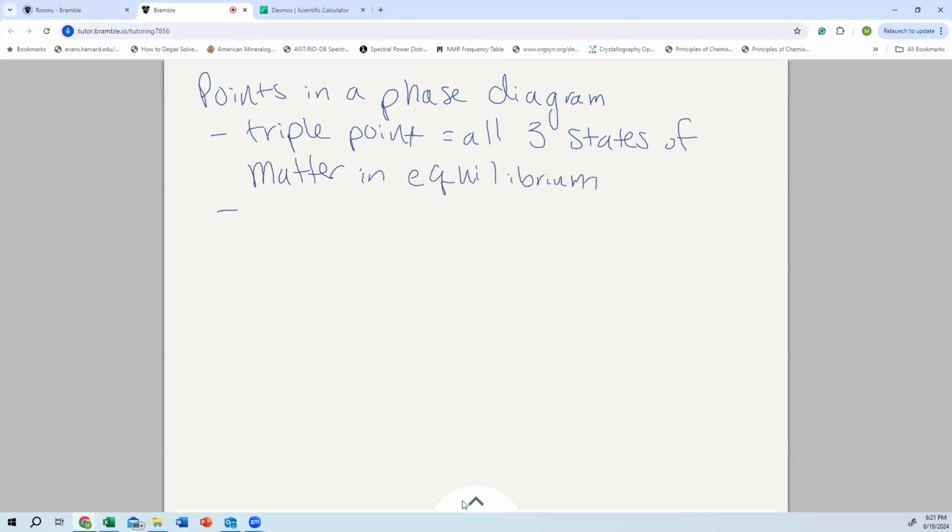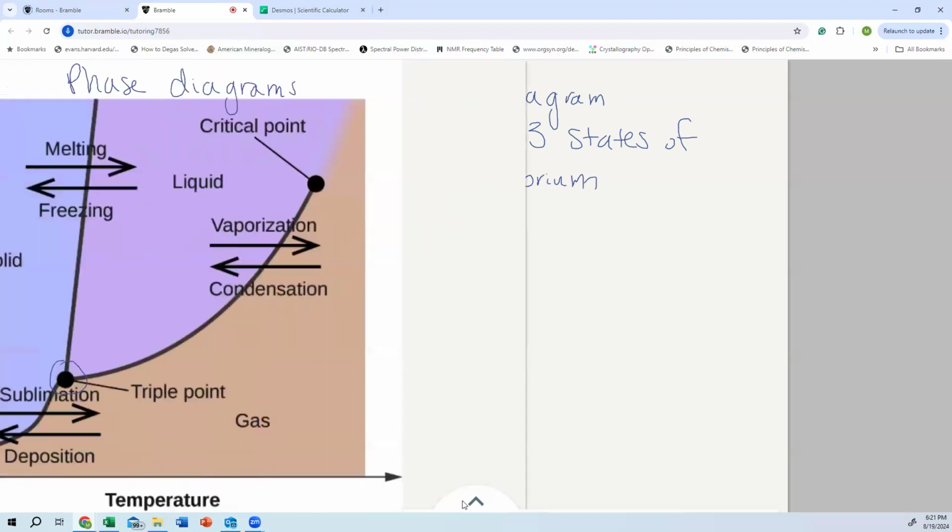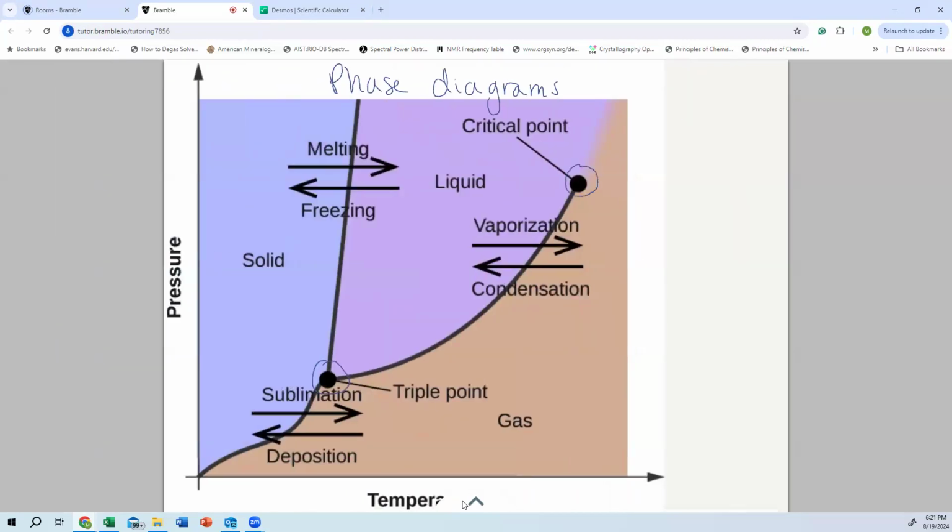And then we've got what's called the critical point, which is right here. Anything above this point is what's called a supercritical fluid.